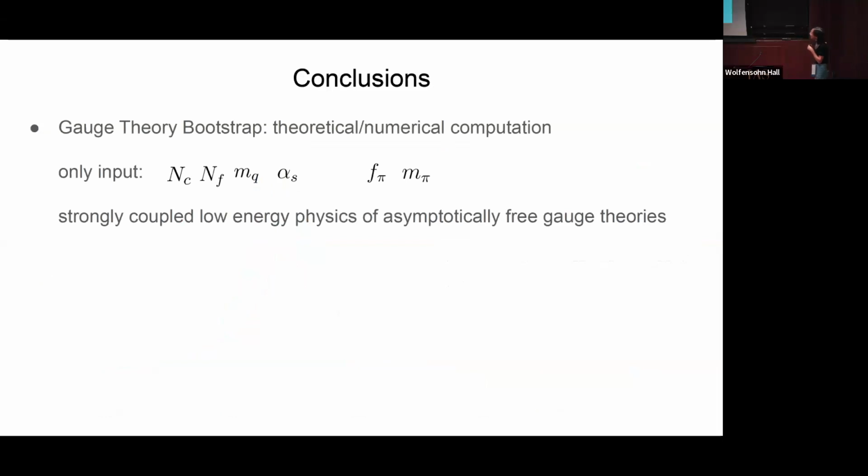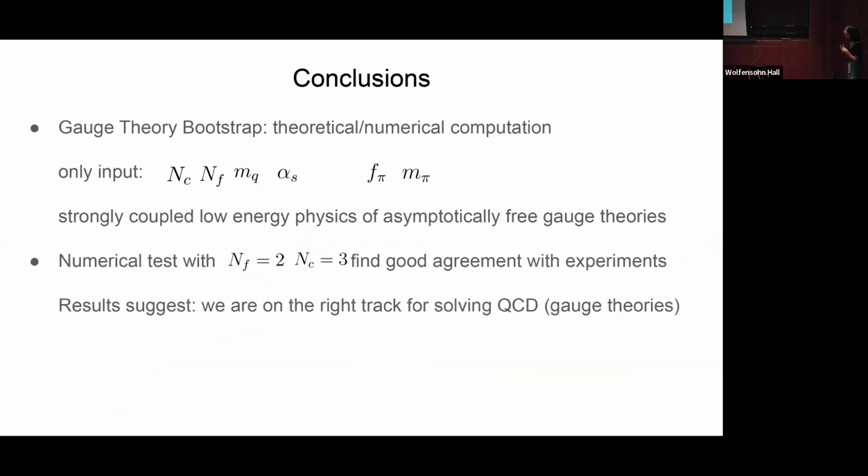We propose a gauge theory bootstrap approach, which is a theoretical and numerical computation that uses as only input the gauge theory parameters and, for the moment, 2 additional low energy parameters. It allows us to compute the strongly coupled low energy physics of asymptotically free gauge theories. And the numerical test with NF equals 2, NC equals 3 finds good agreement with experiments.